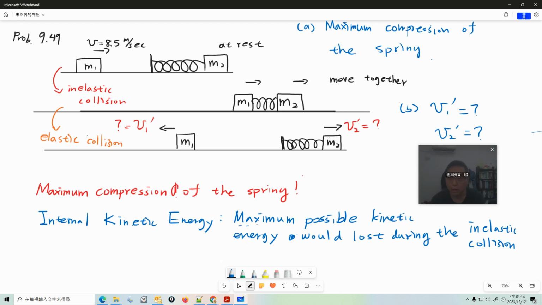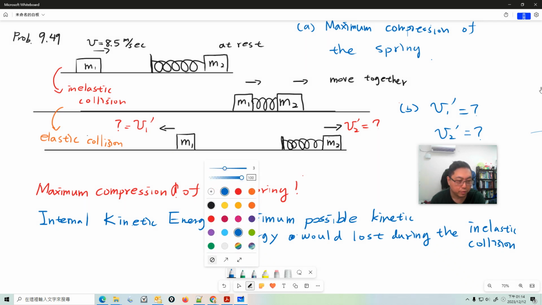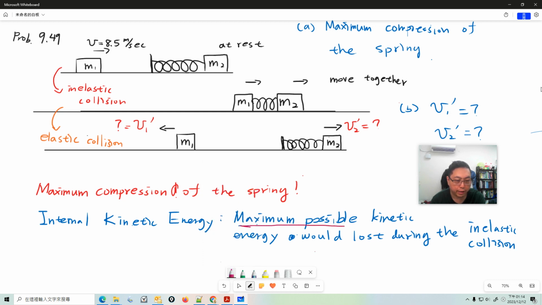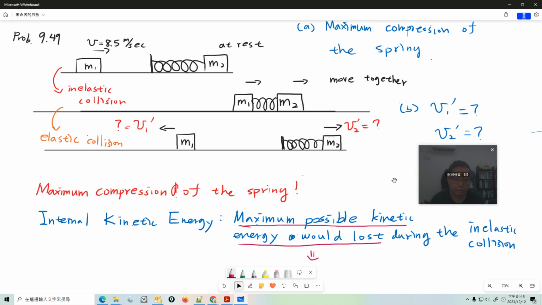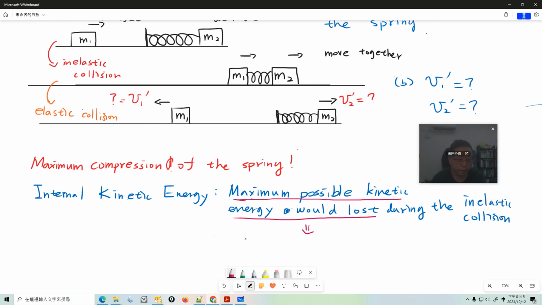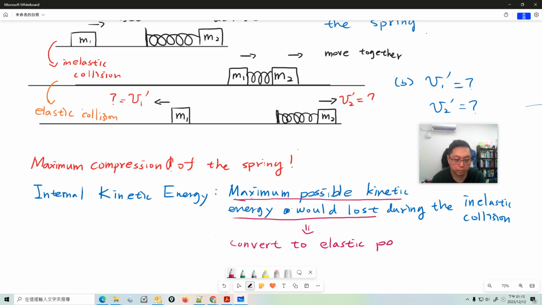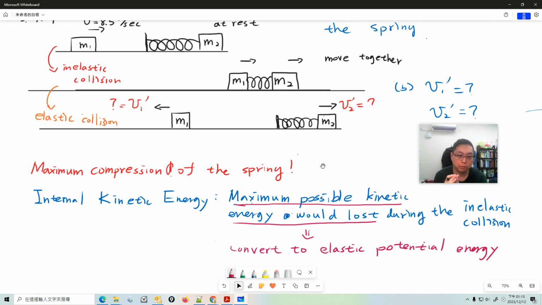Sorry, wrong pen. My idea is this: the maximum possible kinetic energy was lost and converted to elastic potential energy.